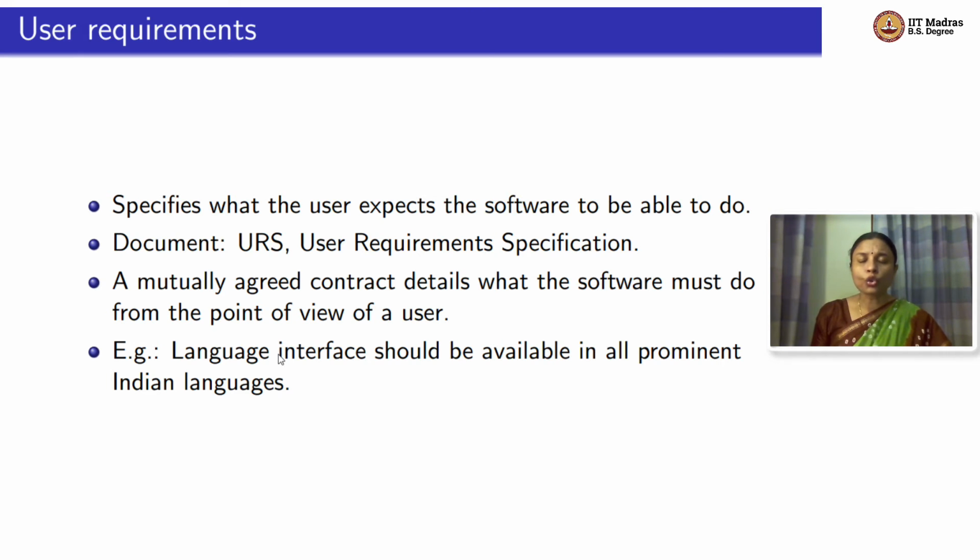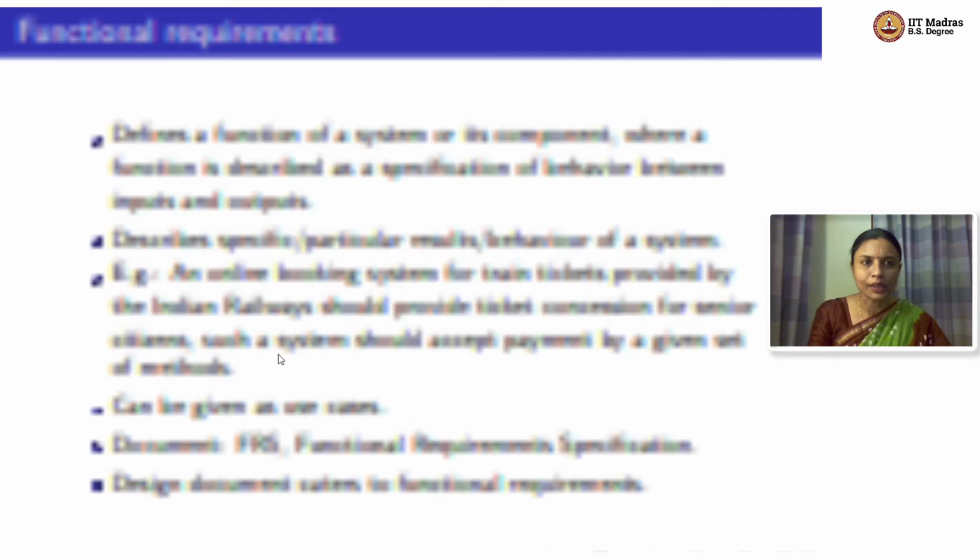The user interface should be available in all these languages because it helps users from different states who have different language preferences to be able to use the same kind of phone. So these are small examples of user requirements. Again, we may not develop algorithms for test cases for these, but this is just to give you an idea of what a user requirement is.